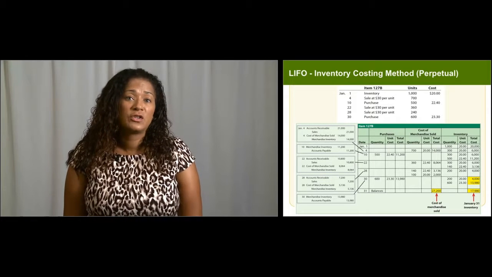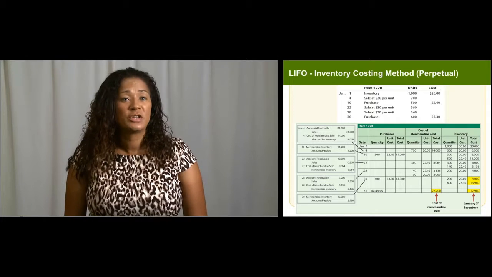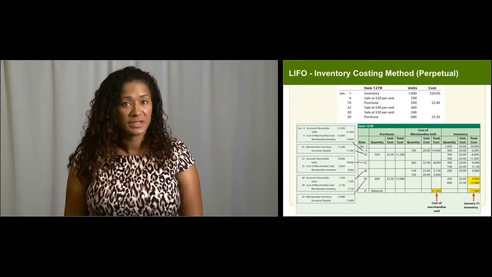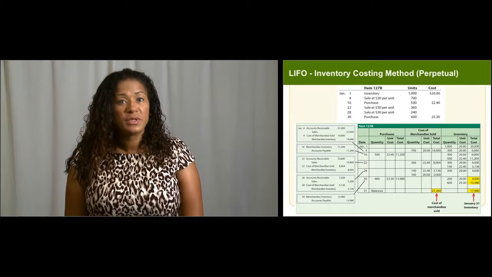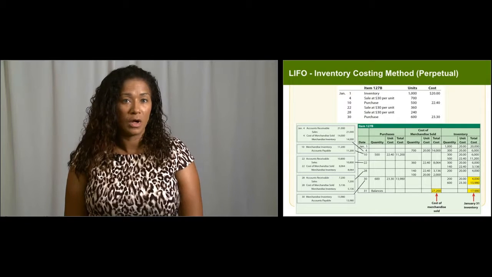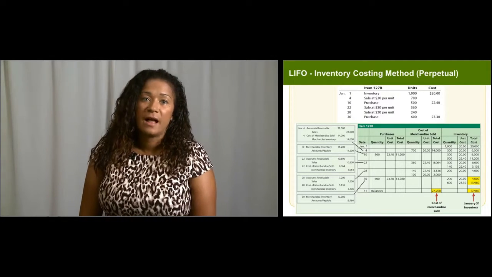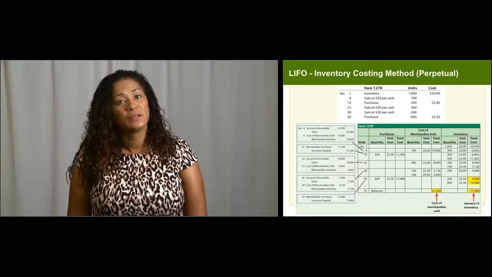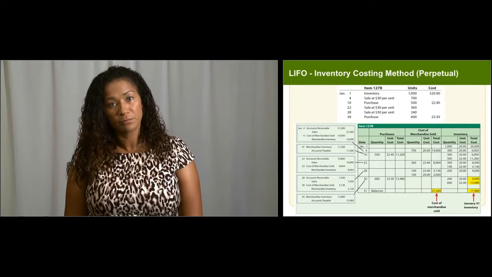The unit cost of the units is $22.40 because this is how much the units cost when the company purchased them. Do not use the selling price of $30 per unit because the selling price is used to calculate revenue, not total cost. The last step is to update the last 3 columns of the report to reflect the remaining inventory balances after the customer's order is filled.